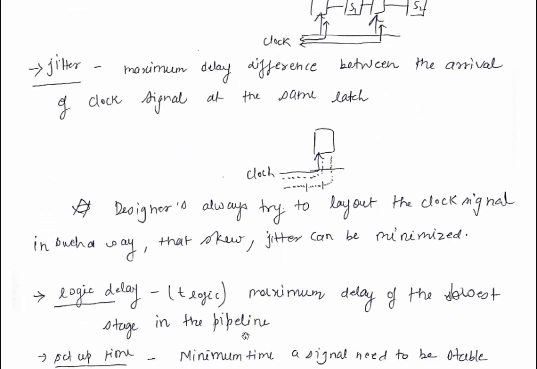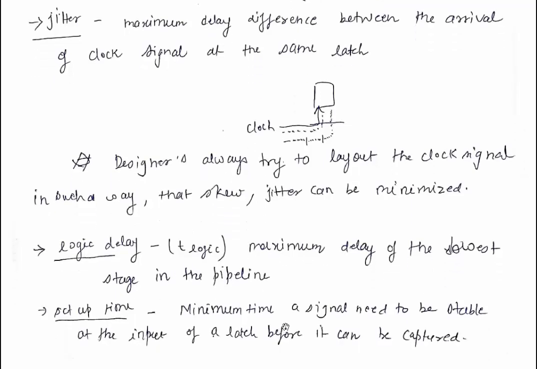Logic delay is represented as T logic, and it is the maximum delay of the slowest stage in the pipeline. Let's say there is a stage which takes the maximum time to execute. The time that stage takes to execute its operation would be known as the logic delay.